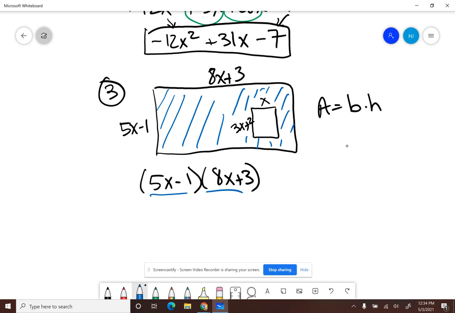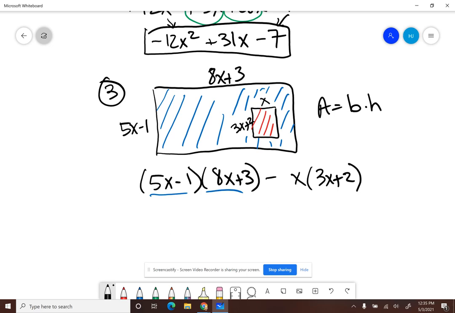But now I have to subtract out this portion here because I don't want to include that portion in my area. So that means I'm going to be subtracting out this area. We'll make that in red, which means I have to multiply the base times the height on those as well, which means I would take x times 3x plus 2.